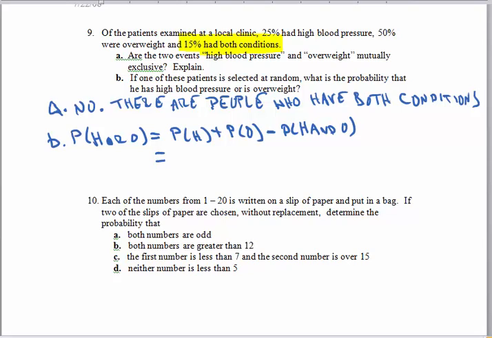So it just becomes a matter of adding the 25% that have high blood pressure to the 50% that are overweight, and then subtracting out the 15% that have both conditions. So this is 75% minus 15%, so it's 0.60. So the probability of the patient having high blood pressure or being overweight would be 0.60, or 60%.